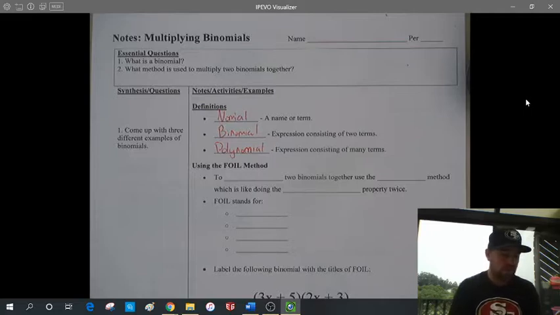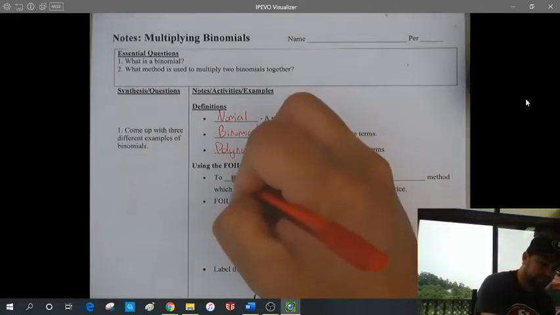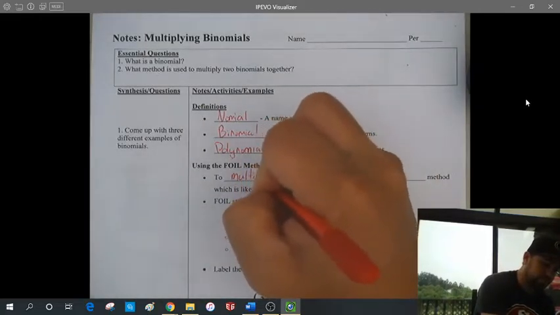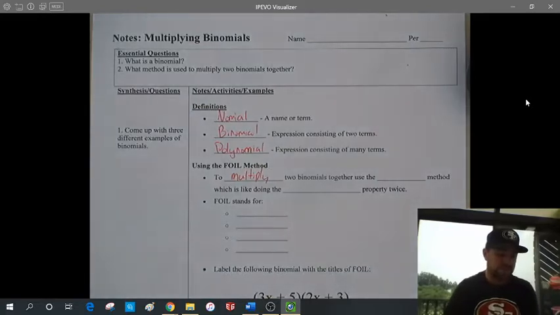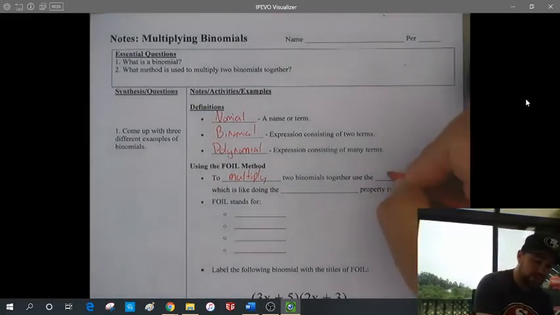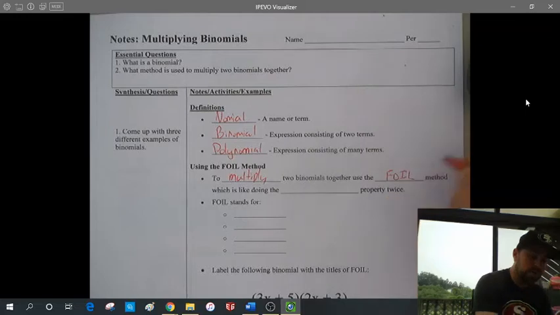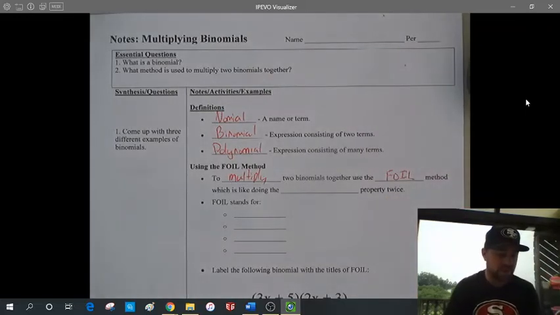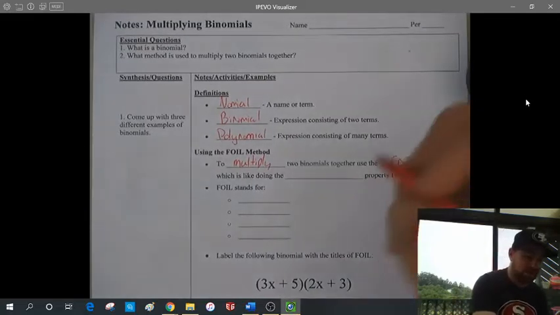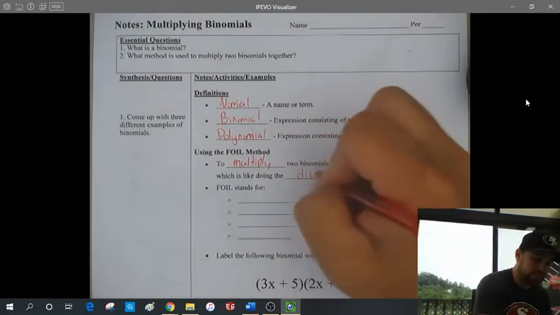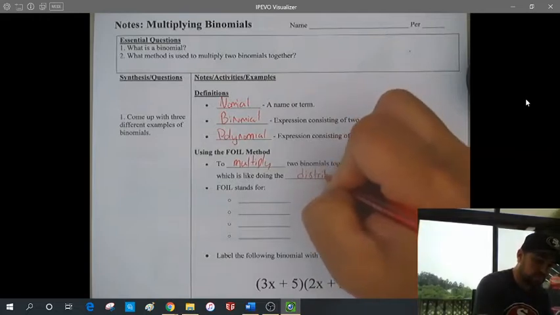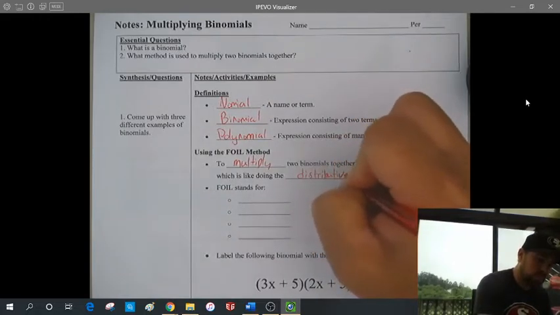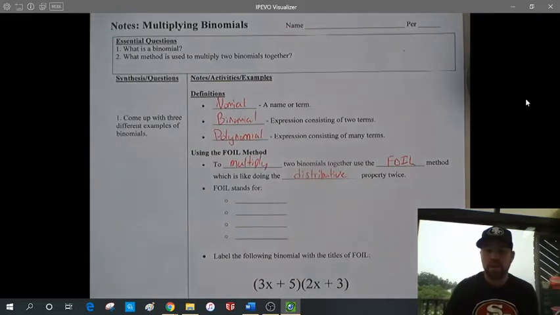So, using the FOIL method to multiply two binomials together. FOIL is an acronym, which ultimately ends up being like doing the distributive property twice.